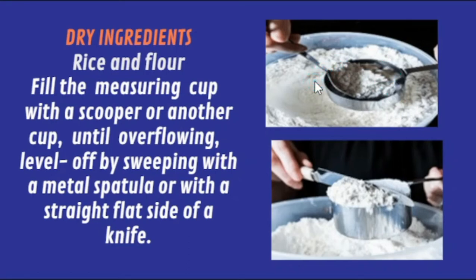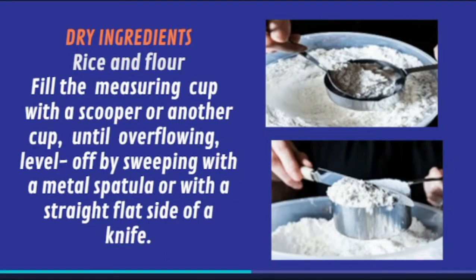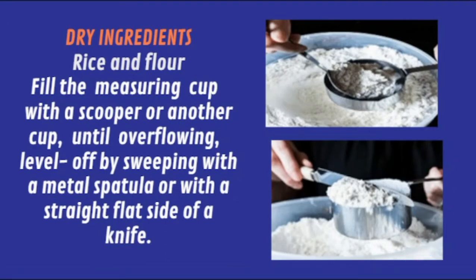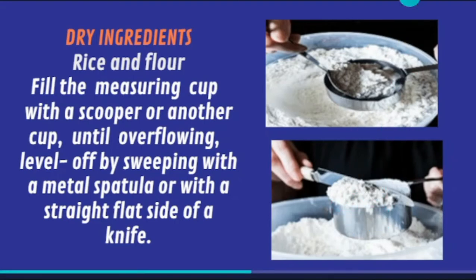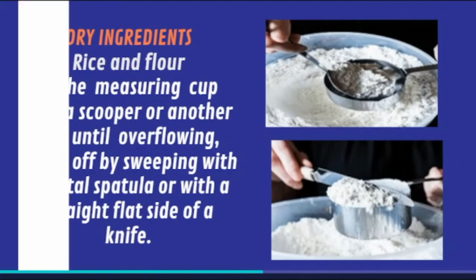After that, you need to level it off by sweeping with a metal spatula or with the straight flat side of a knife. Okay, that's how you measure rice and flour. You're going to be using a measuring cup over here.